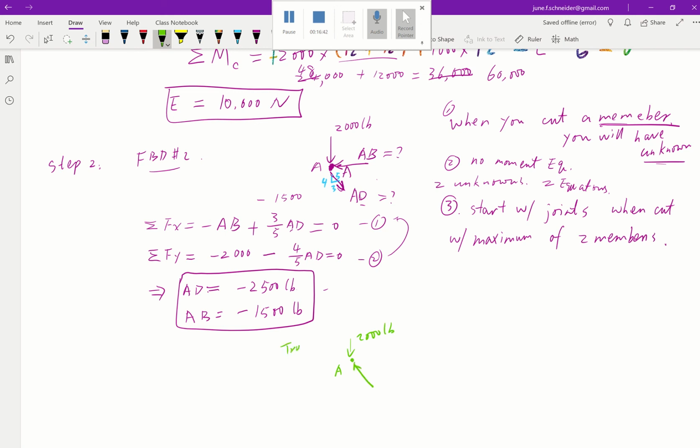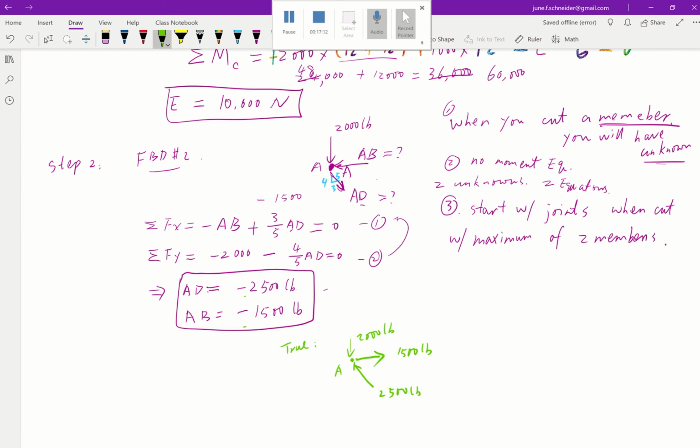And AB, the true direction is not pushing into the joint, it's actually pulling away because I also got negative. So I didn't guess right for either one of them, but it doesn't matter because the negative sign takes care of it. And this is 1,500, and this is our AD, which is 2,500 pounds. That's our true FBD direction with the magnitude.